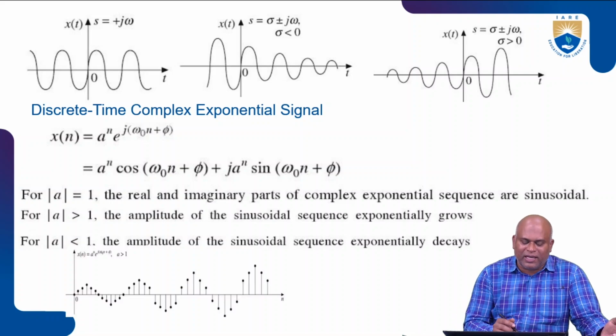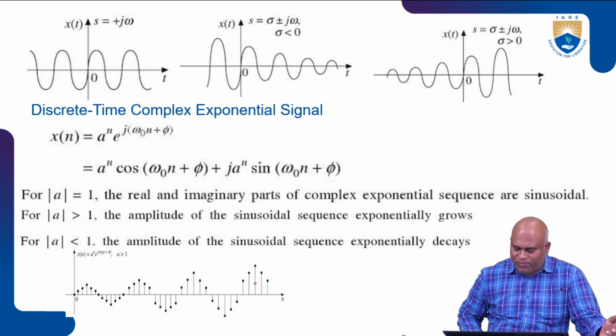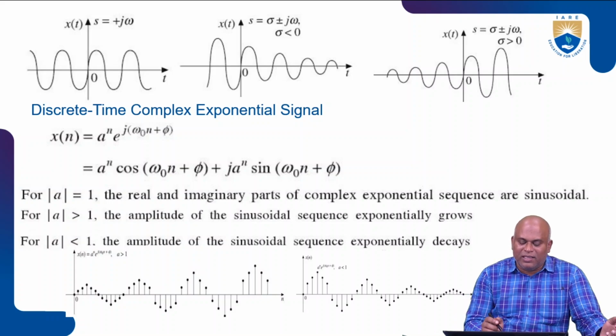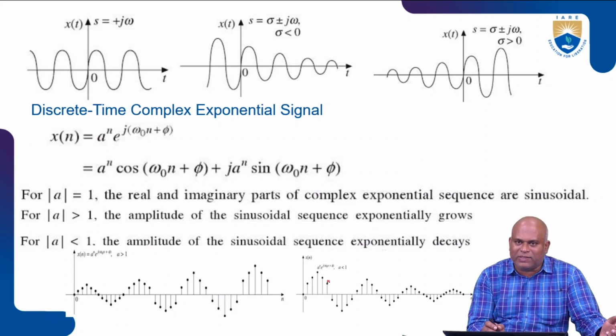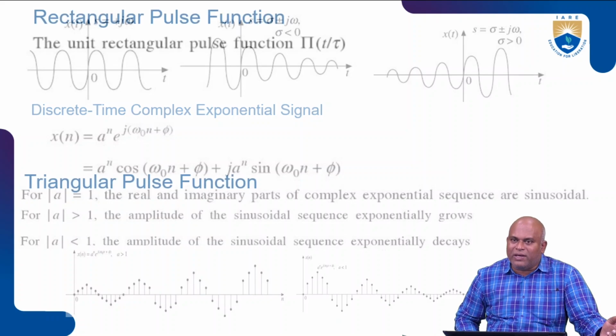Then we write the graphical representation. When mod of A is greater than 1, what will happen? The sinusoidal signal amplitudes grow. When A is less than 1, what will happen? The amplitude of the exponential signal decays toward infinity.